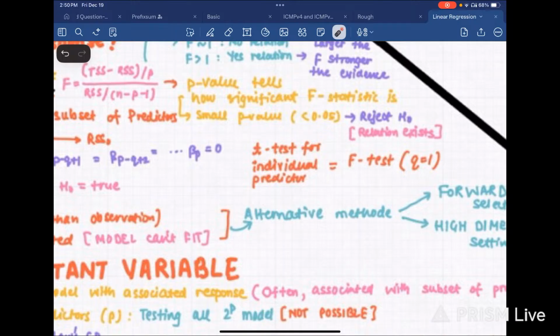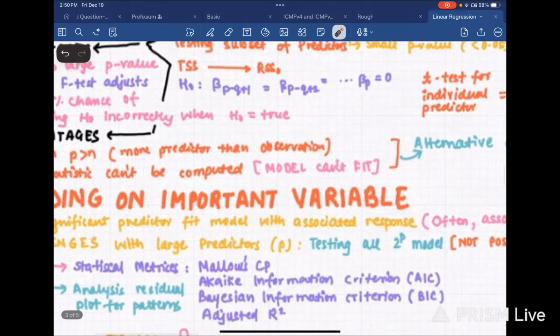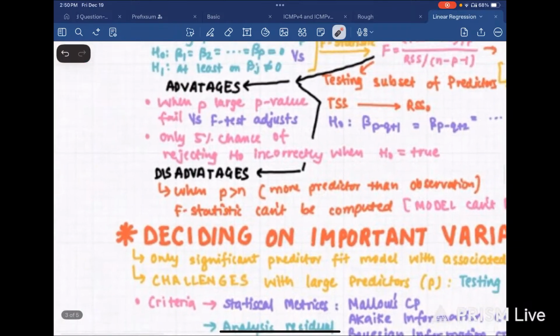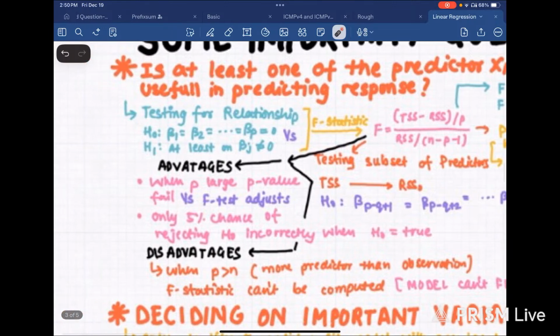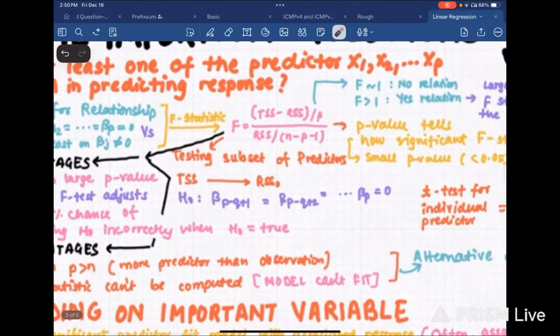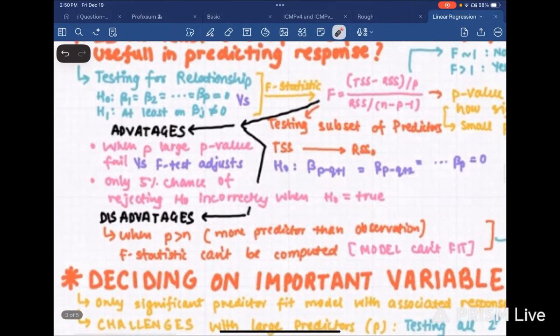So when the F test is done with Q equals 1, it gives us the T test for individual predictors. Here we are using F statistics for prediction, testing a subset of predictors, always remember that.